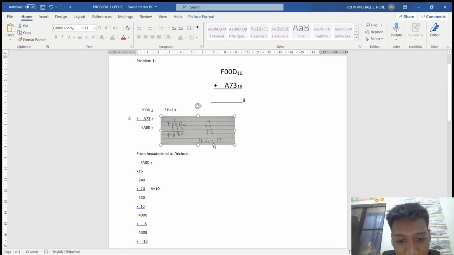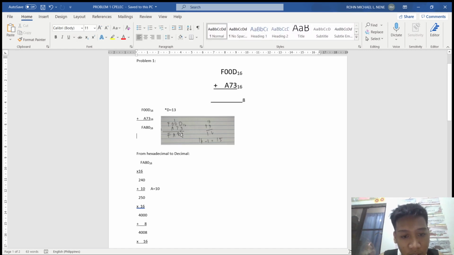I have subtracted the wrong number, but it is supposed to be 16 minus 15 to get 1. And then after that, that is why we will have a 0 here, and then there will be carry 1, which can be seen here in the picture.